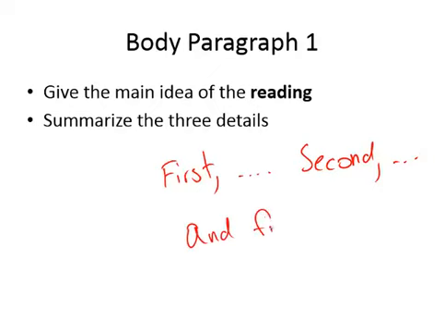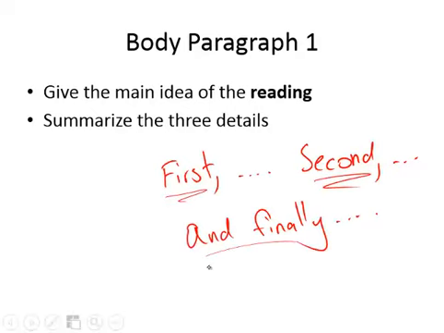And finally, the reading says. But that's probably not a great idea if you want the highest TOEFL scores, because this is very simple. In any case, you will use the same basic structure of one detail, then the next detail, and then the third detail, even if you have some slightly different transitions.